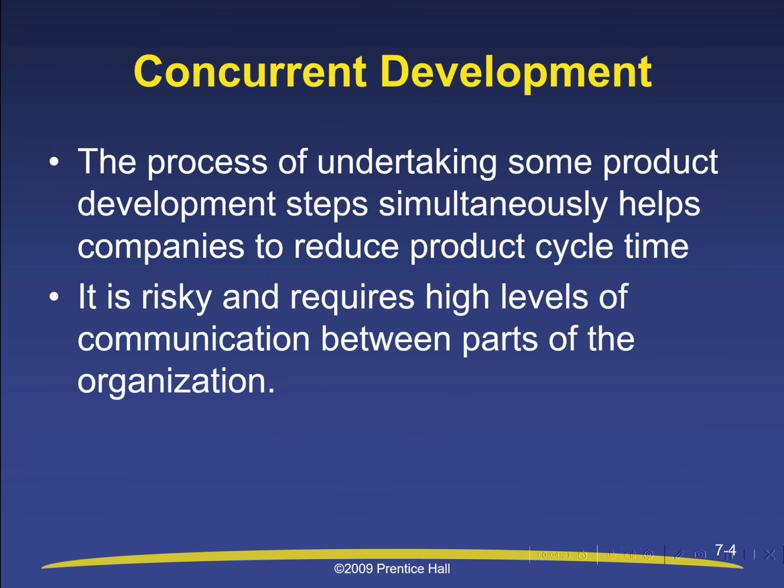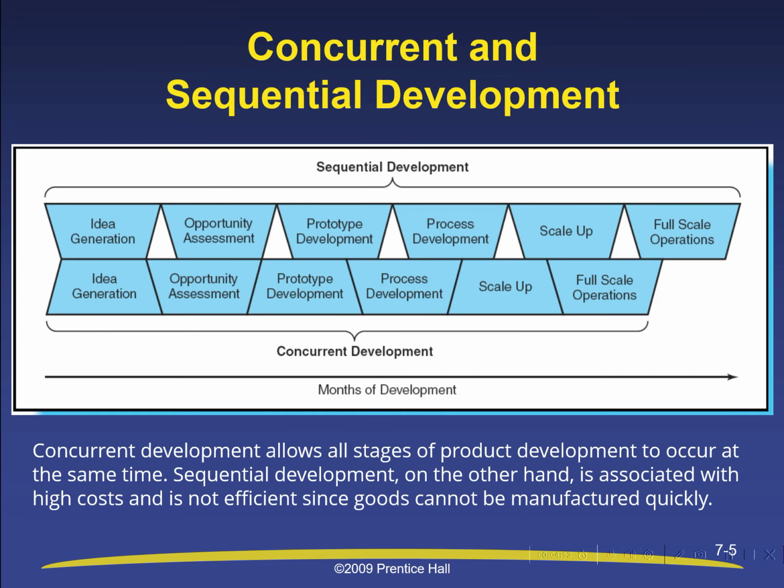Concurrent development. The process of undertaking some product development steps simultaneously helps companies to reduce product cycle time. It is risky and requires a high level of communication between parts of the organization. Concurrent development allows all stages of product development to occur at the same time.